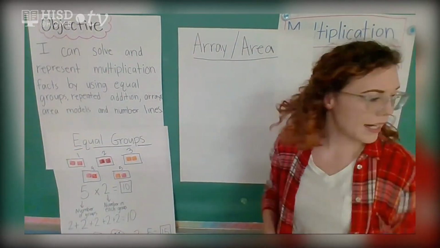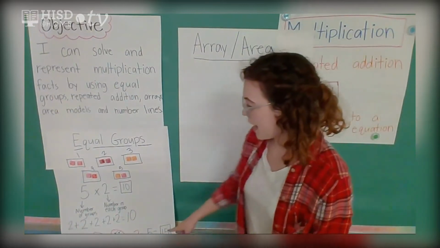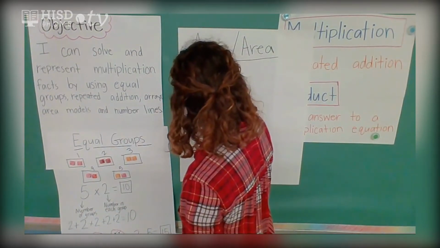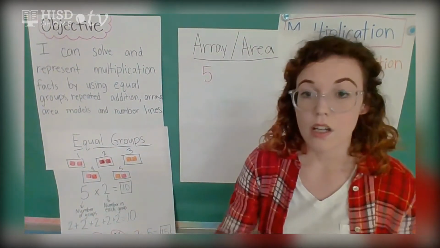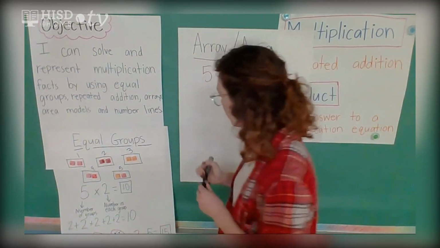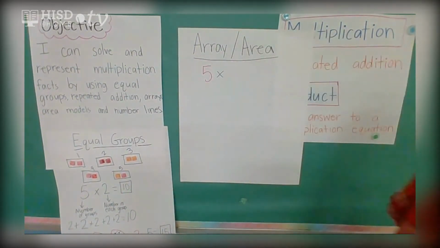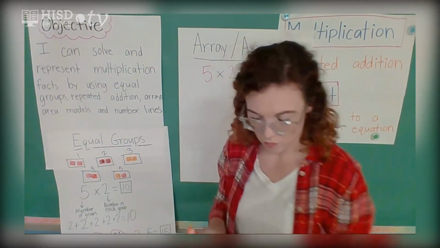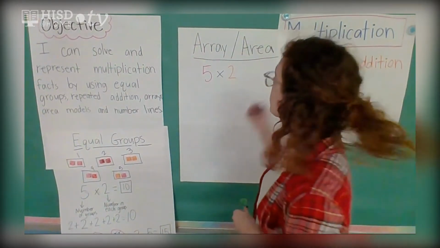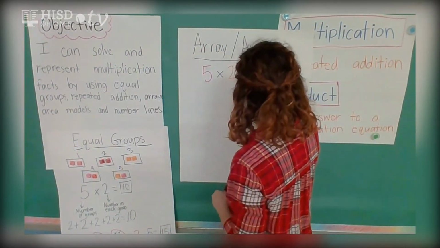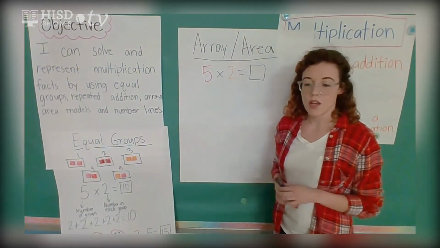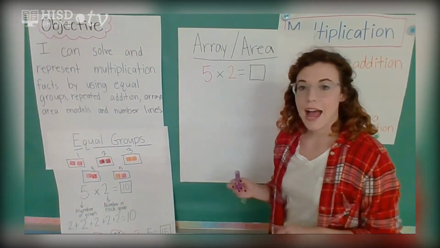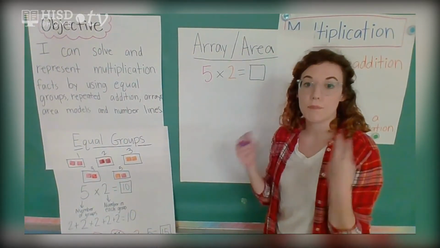So let's say we had 5 times 2. There's 2 in each group, right? And we know what this equals, but I'm showing you using a different strategy. So now with an array, the first number is how many dots or X's or spaces you go down.